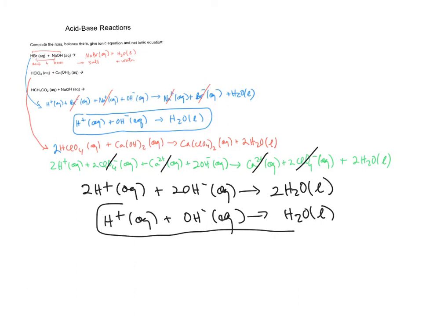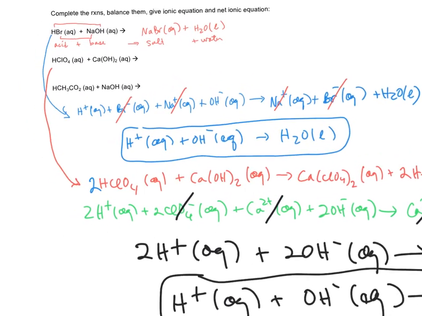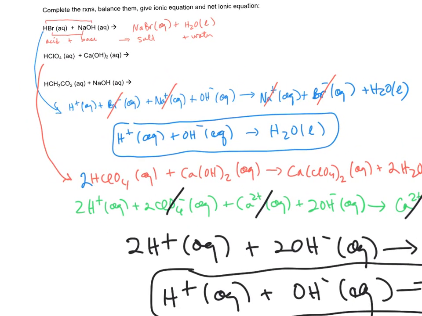So the same thing's going on in this acid-base reaction. H+ from the acid, hydroxide from the base, combined to form water. And let's see, the last one is acetic acid. Let's get a different color for that so we can track it. Acetic acid plus sodium hydroxide.